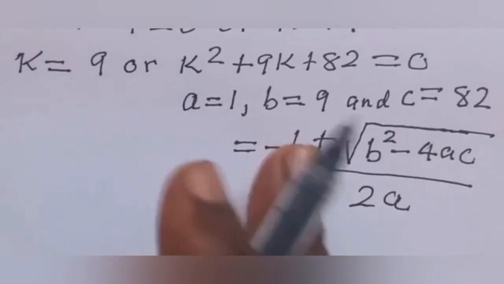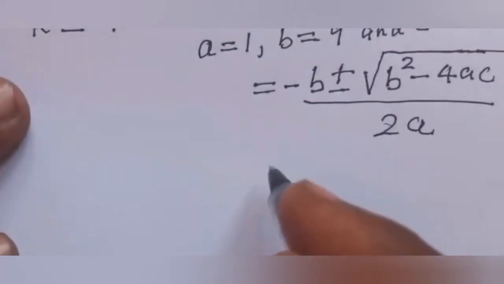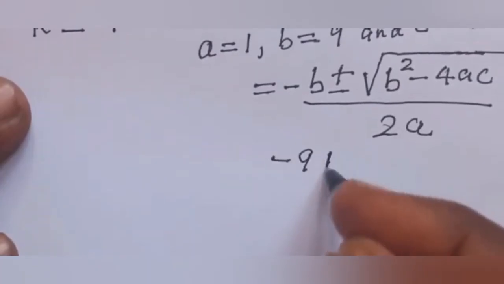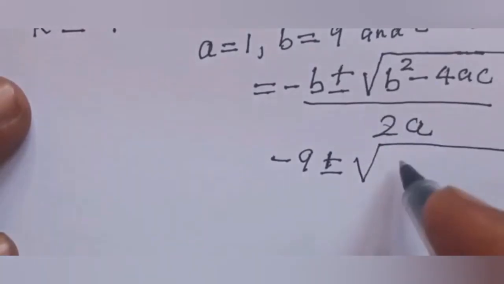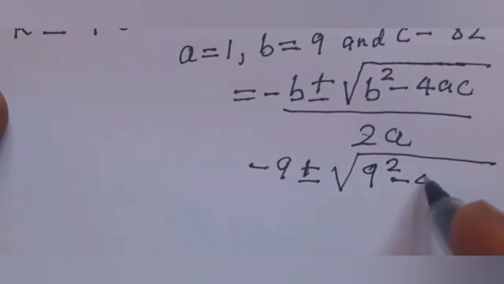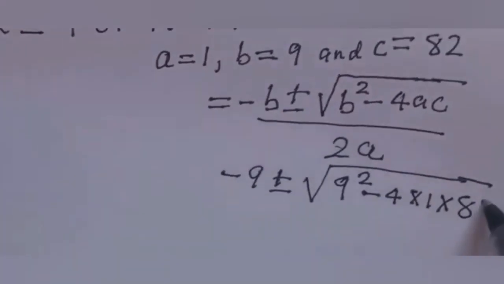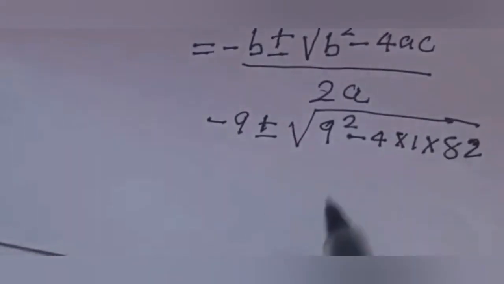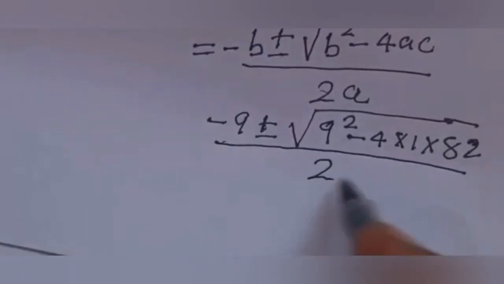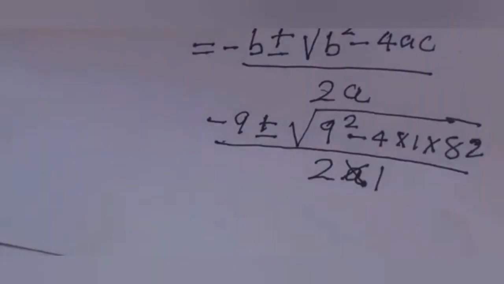Substituting the value of a, b, and c in our formula, we have negative 9 plus or minus under root 9 squared minus 4 times a equals to 1, times c equals to 82, over 2 times a. A is 1, so it is times 1.